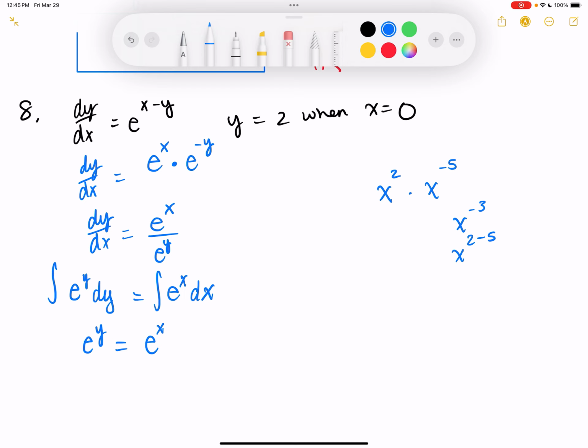I feel like this is going to end up being the same problem we had the other day. I think we need to do the plus c up here. Because then we can do the process that we did the other day, right?